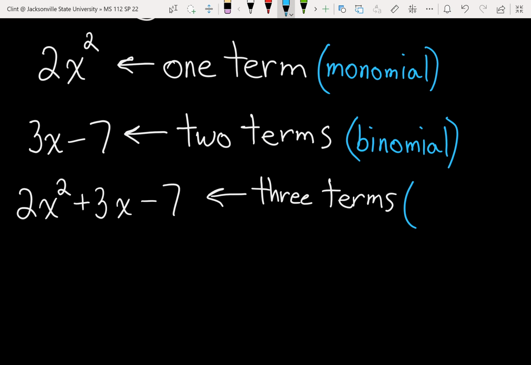Three terms, trinomial. These are the common ones that come up as far as the names. Specifically, maybe Thursday, or we might get to it a little bit today, we're going to talk about specific techniques for factoring trinomials. Remember, trinomial means it has three terms.